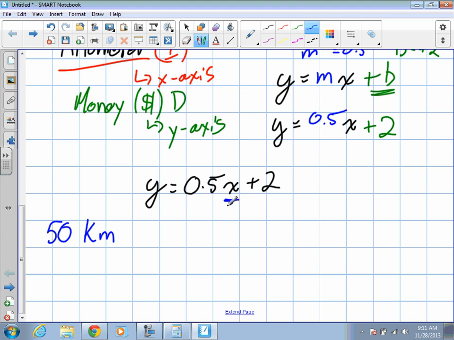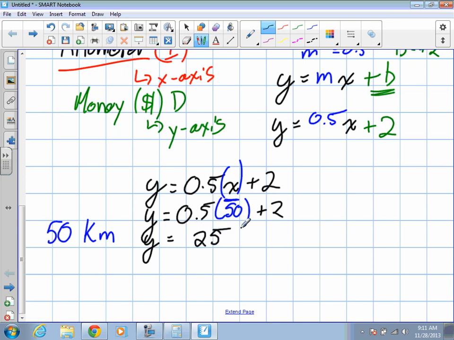So we're going to replace x with the value of 50. y is equal to 0.5 times 50 plus 2. What is 50 times 0.5? $25. Good. Plus 2. So we owe them how much money? $27 to get across the city. No, it's not real.